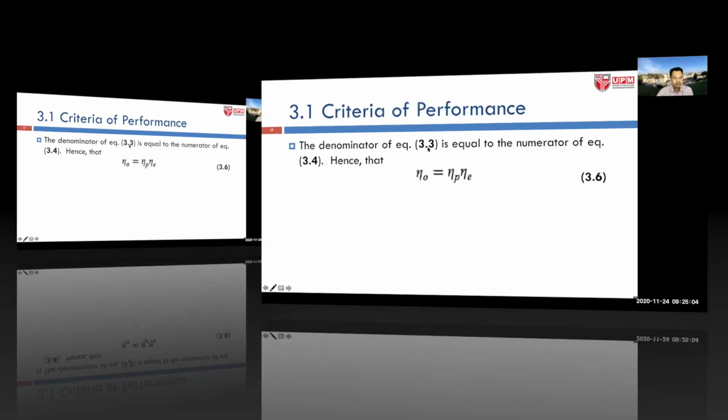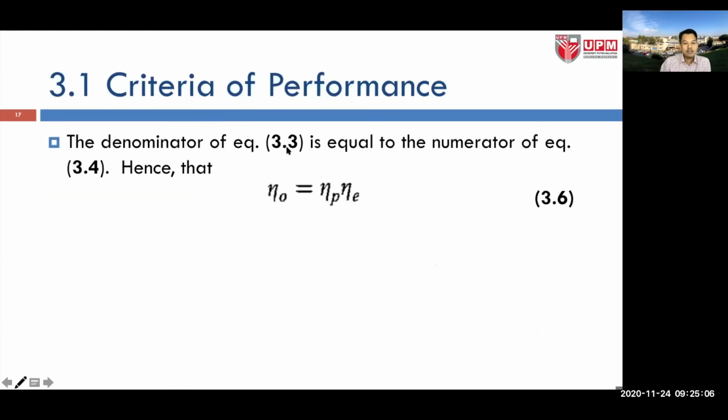So the denominator of equation 3.3, of zeta p, is equal to the numerator of equation 3.4. Hence, equation 3.6 can be written as shown here. So we have this expression.